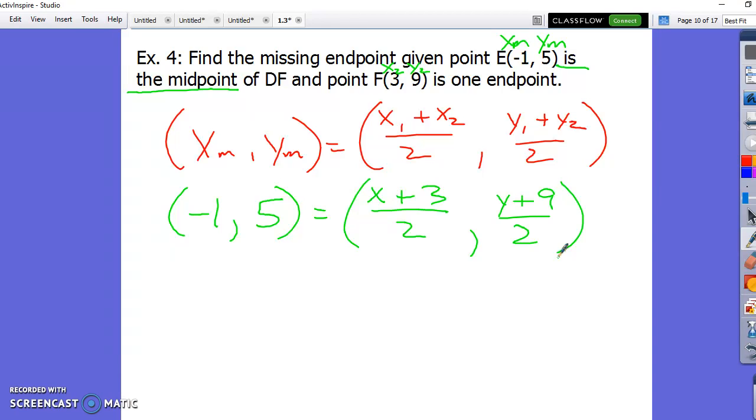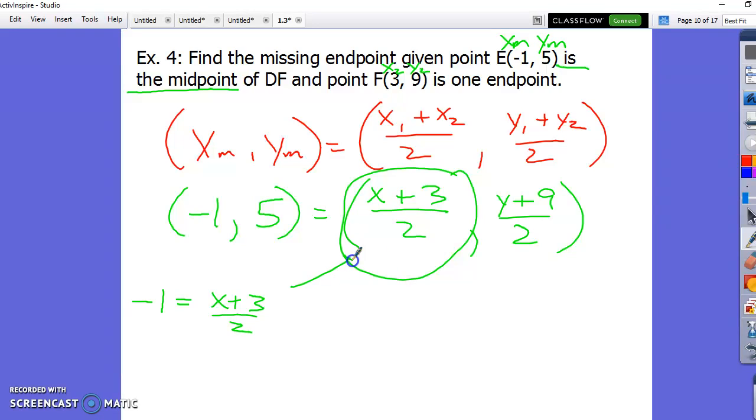And so on the X component side, we have -1 equals just the X component part of that formula, so it's going to be equal to (X plus 3) divided by 2.